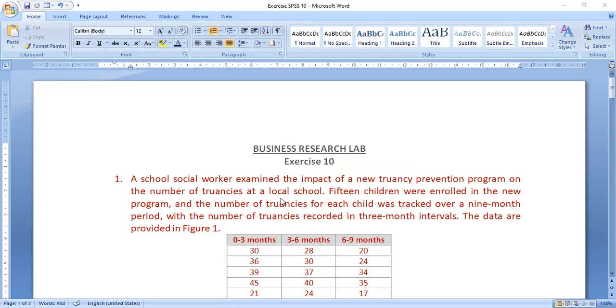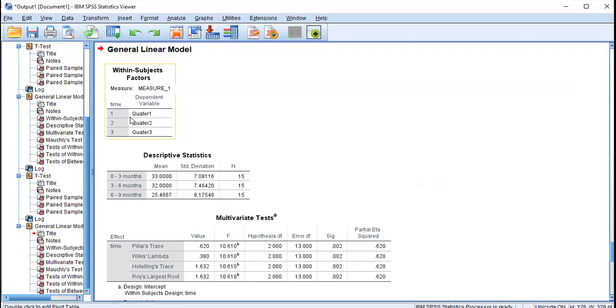So what we have got as the answer. I'll be sharing the output file with you. The output file is on your screens now. Look at quarter 1, that is 0 to 3 months, quarter 2, that is 3 to 6 months, and quarter 3 is 6 to 9 months.